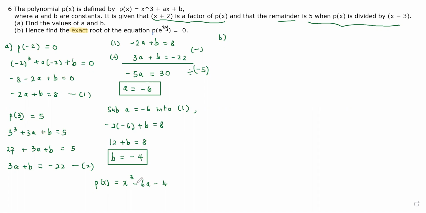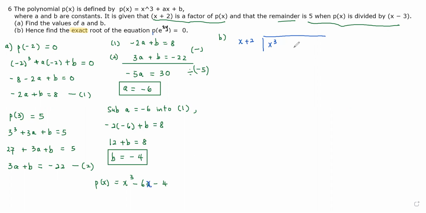P of x has x plus 2 as a factor, so we can divide p of x by x plus 2. We can use long division or synthetic division, it matters not.